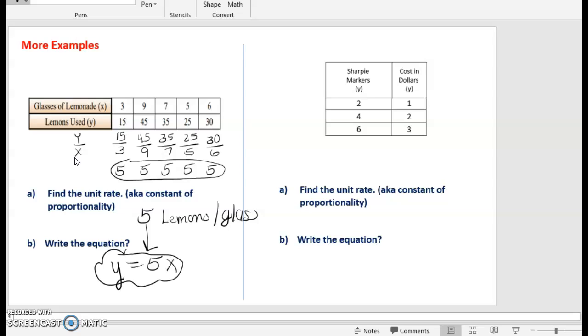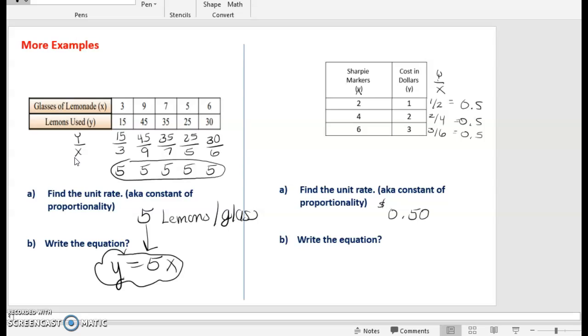Let's try this one. We have our y over our x. That should be an x. So we have y is 1 over 2, 2 over 4, and 3 over 6. We can divide: 0.5, 0.5, 3 divided by 6, 0.5. Or you could have simplified them all to 1/2. So our unit rate is $0.5.